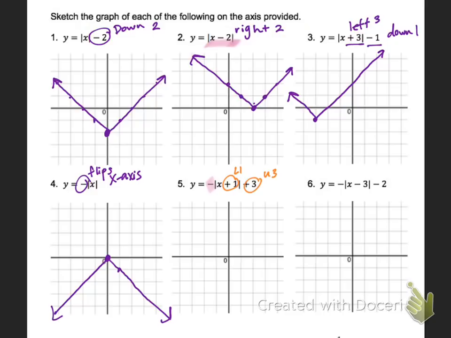So flip the x-axis first, goes left 1, up 1, 2, 3. Still has a slope of 1, but now points downward. Number 6, flips the x-axis, right 3, down 2. So flip, right 3, down 2. It's going to be pointing downward.